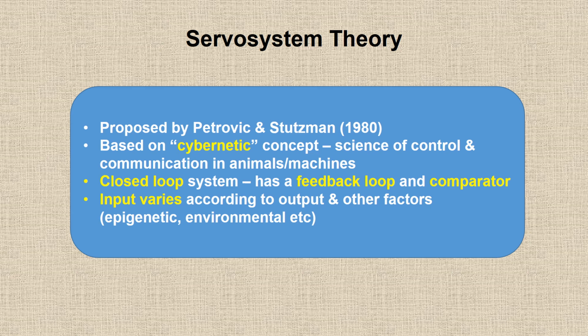Now the comparator compares the feedback stimuli from the output, and based on the feedback, stimuli will regulate the input stimuli. So the input varies according to the output and other factors such as epigenetic and environmental.